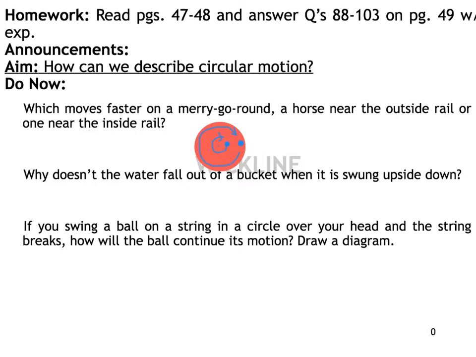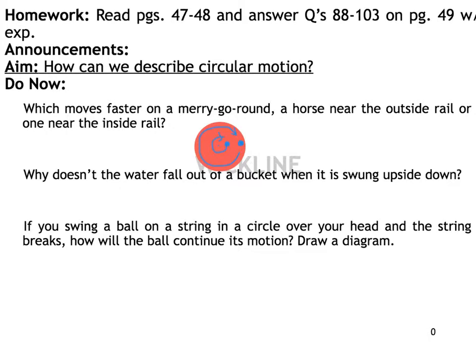The horse near the outside rail has to travel all the way around the outside of the circle to complete one revolution. And then, of course, the horse on the inside of the merry-go-round only has to go around the inside of the circle.